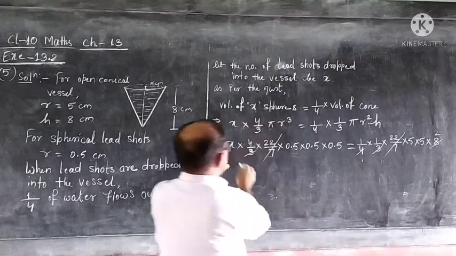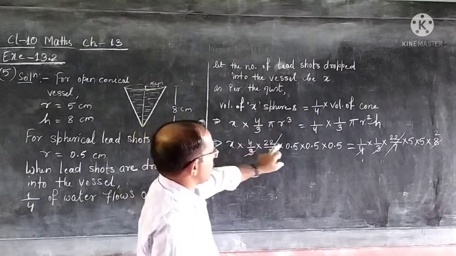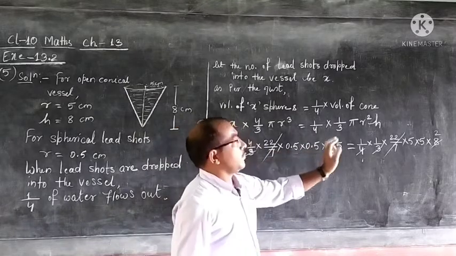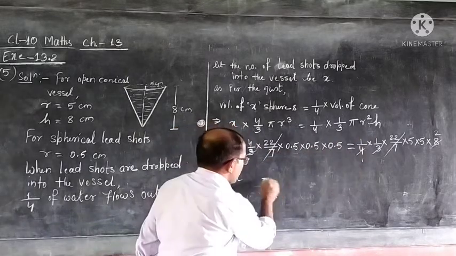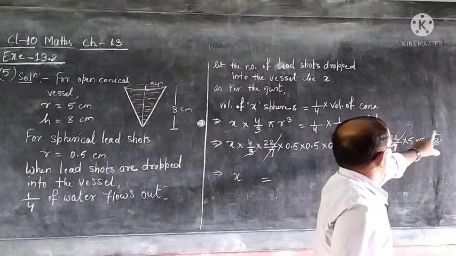Okay. So now we need what? X. X we keep in LHS. Remaining, all these 4, 0.5, 0.5 we will send to RHS. But before that we write what is remaining in RHS, that is 5 into 5 into 2.